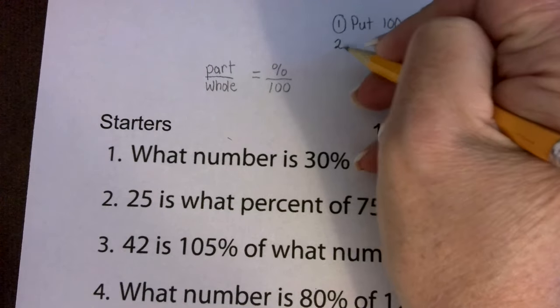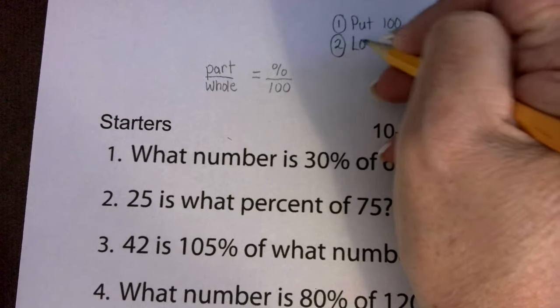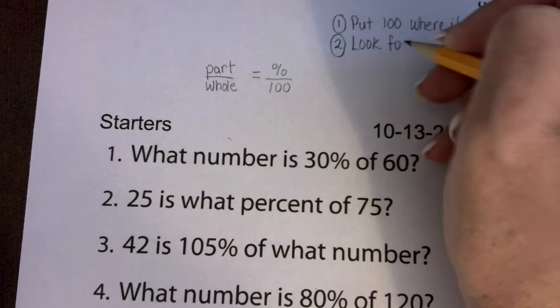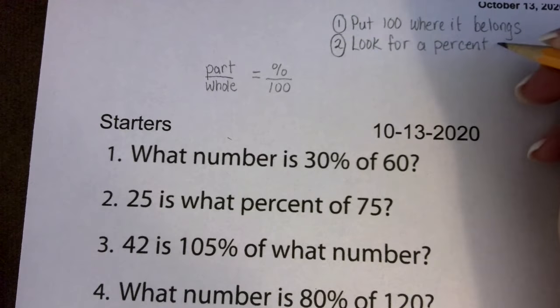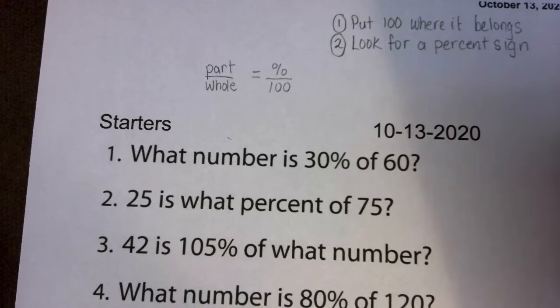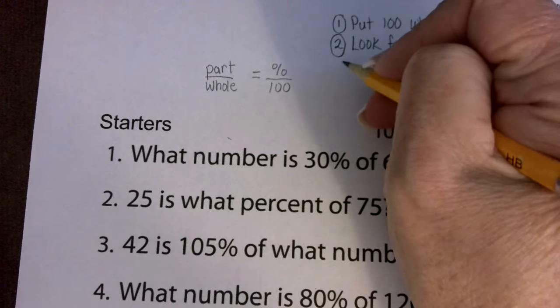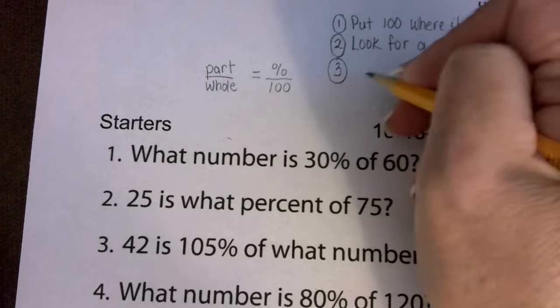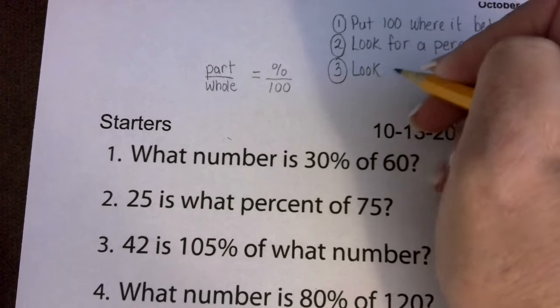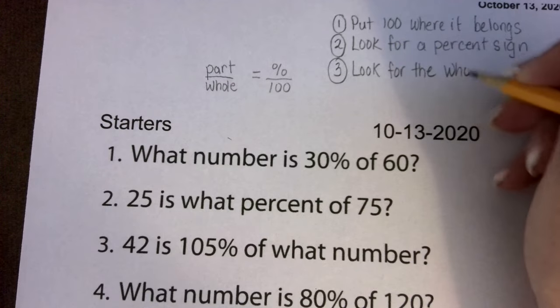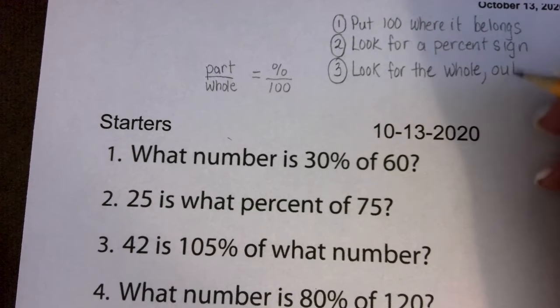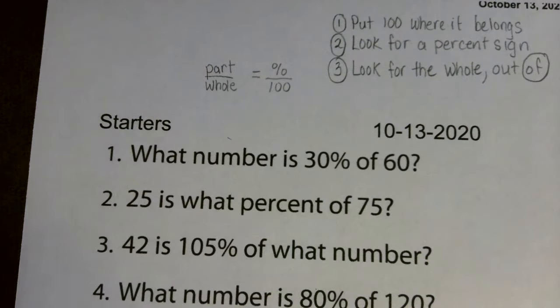The second step is to look for a percent sign. And then the third thing is to look for the whole or the out of. And we were looking for that word of in these problems so that we could find the whole thing.